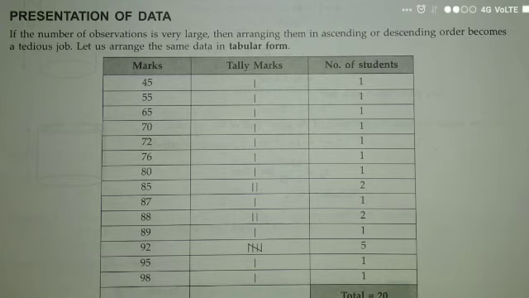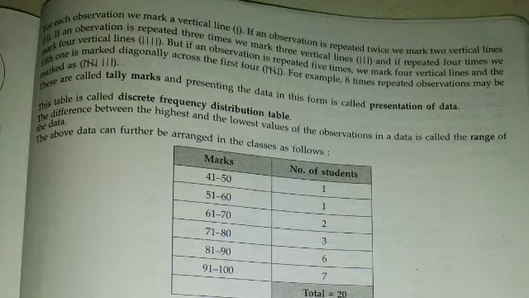Okay. Then for each observation, we mark a vertical line. If the observation is repeated twice, we mark 2 vertical lines in the tally marks. If an observation is repeated 3 times, then 3 vertical lines. If 4 times, then 4 vertical lines.